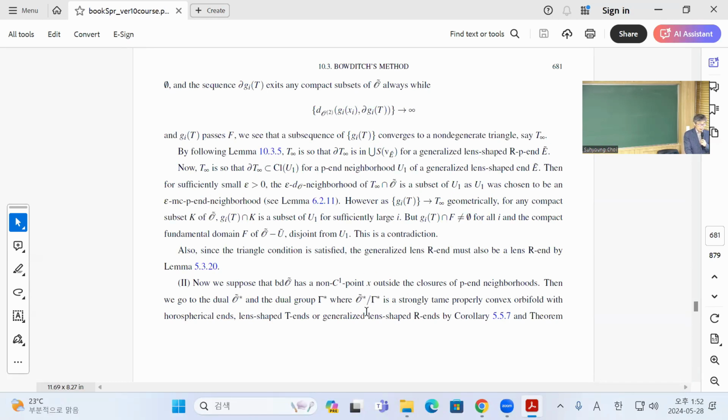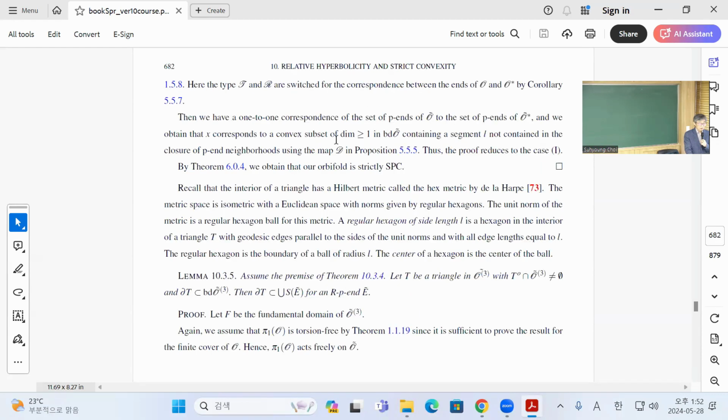And next, if it's not C1, then again you take the duality and do a similar thing. So now we'll go to lemma 10.3.5. This is considering the regular hexagon, a hexagon with interior, the triangle with geodesic edges parallel to the side of unit norm, and all the edge lengths being 1.